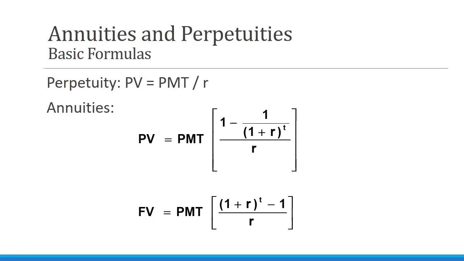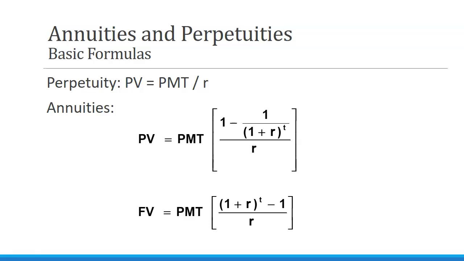The basic formulas for annuities and perpetuities. Perpetuity is the present value of the payment divided by the rate. For annuities, we either have the present value or the future value. So we see these are very similar to our future value calculations, except that we've added in that there's a regular payment.